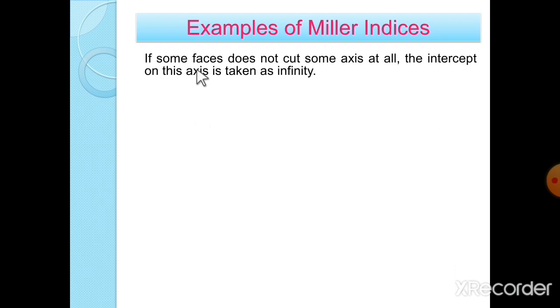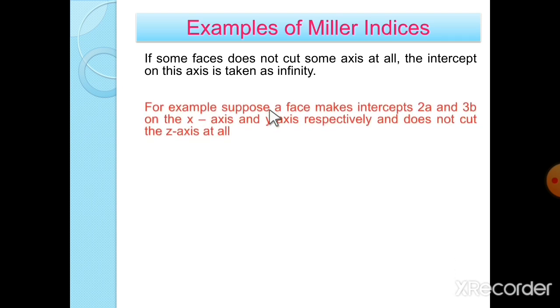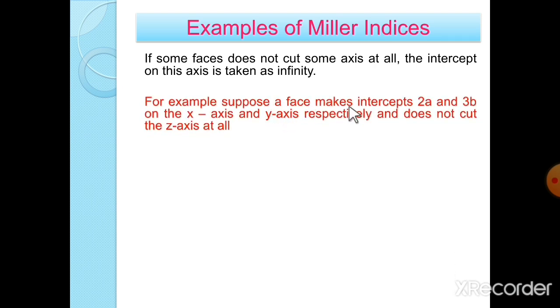Next, if some of the faces does not cut some axis at all, the intercept on this axis is taken as infinity. For example, suppose a face makes intercepts 2a and 3b on the x-axis and y-axis respectively and does not cut the z-axis at all. Then intercepts will be 2a, 3b and infinity.